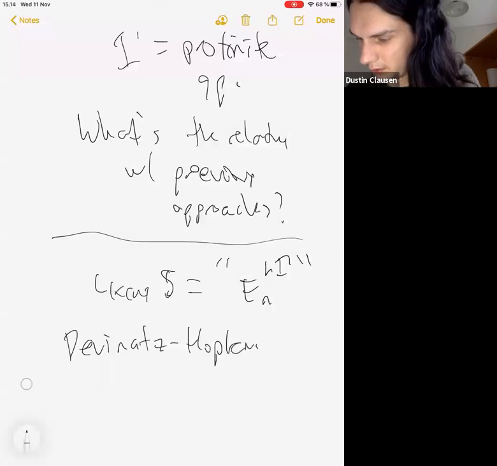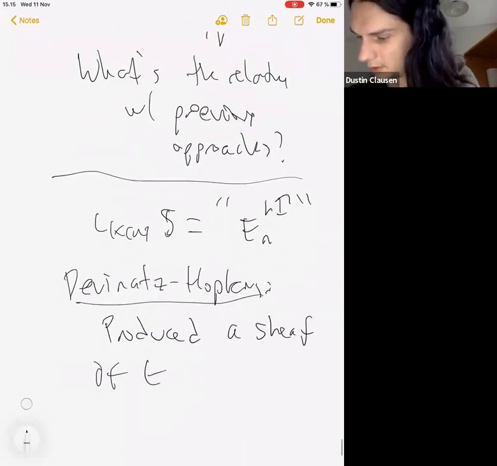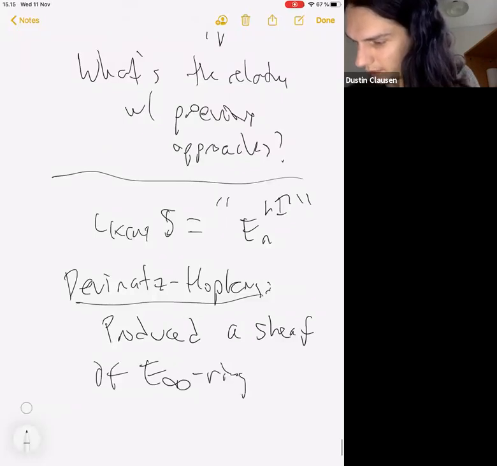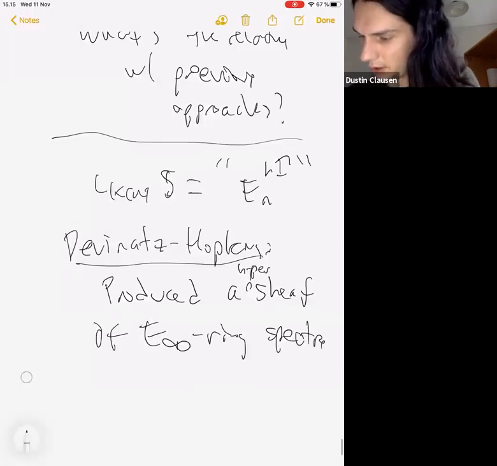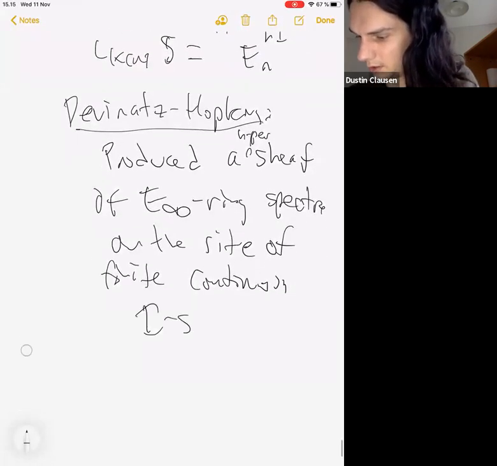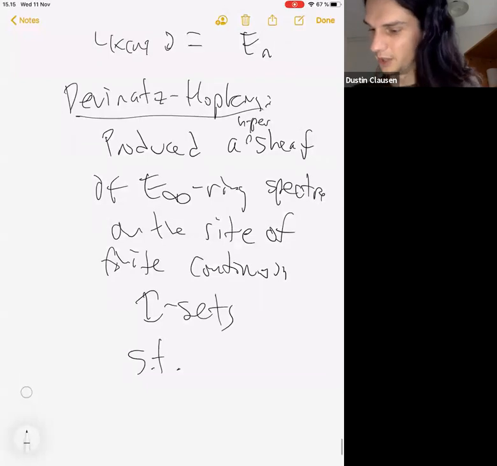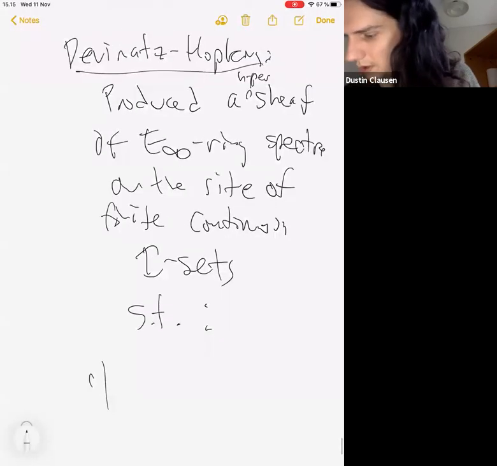So they produced a sheaf of spectra, or sheaf of E-infinity ring spectra, in fact a hypersheaf, that's quite important, on the site of finite continuous G-sets, or Gamma-sets, such that on the point, it's the K-n local sphere.